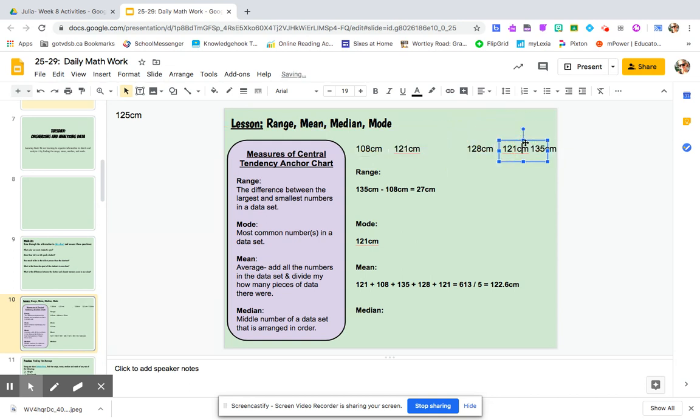Once it's in order from smallest to largest, I can find the middle number of that set.